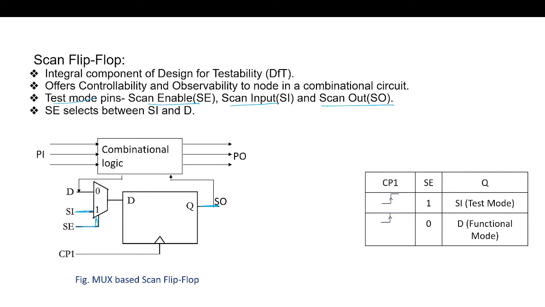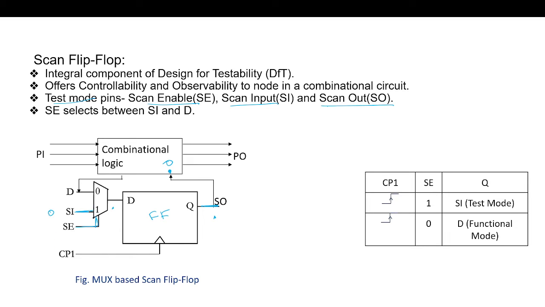To the normal D flip-flop, we add a multiplexer. In normal operation, when we are not selecting the scan mode, we get the combinational output through the flip-flop to the output. Now, if we select the scan input, I can control this value. Say I want to apply a 0 somewhere here.